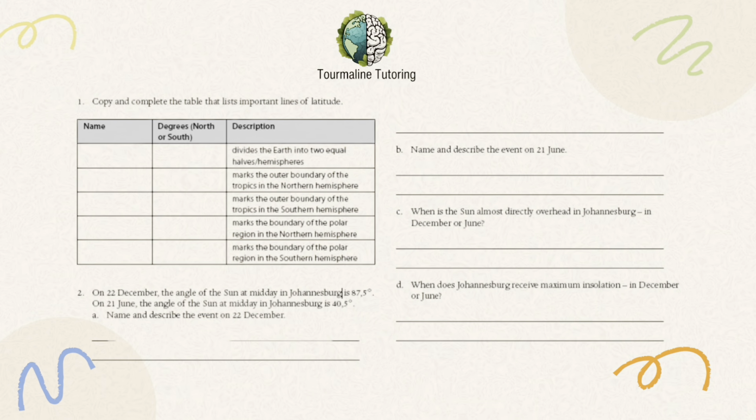C, it says, when is the sun almost directly overhead in Johannesburg? Is it December or June? Well, you should know that this is December because during December, the sun is directly overhead the Tropic of Capricorn, which is also close to Johannesburg. That's already another answer, which is in the southern hemisphere.